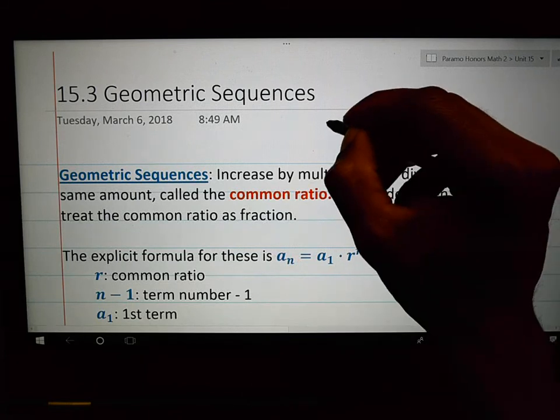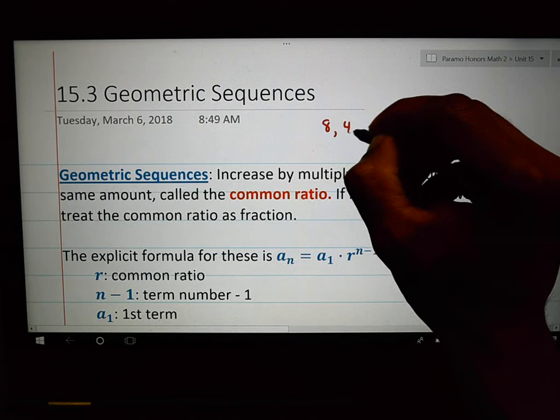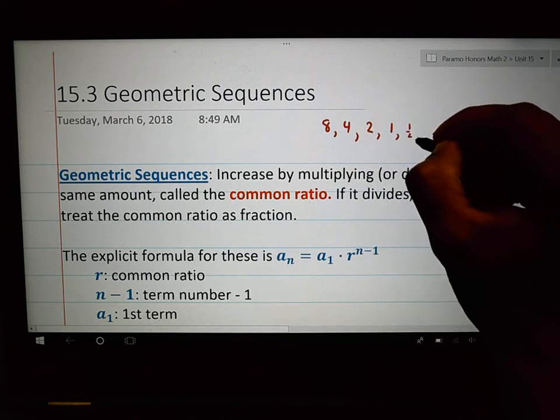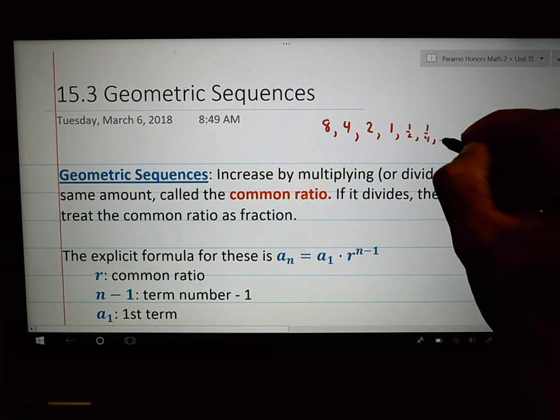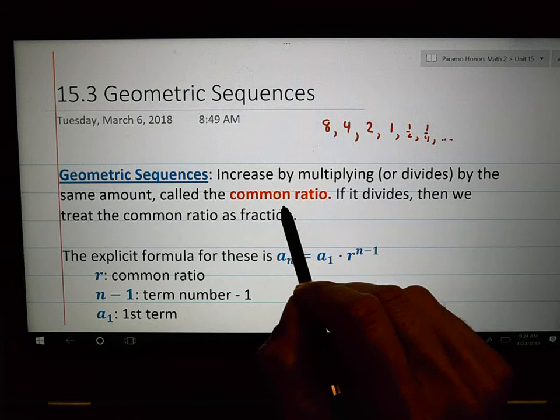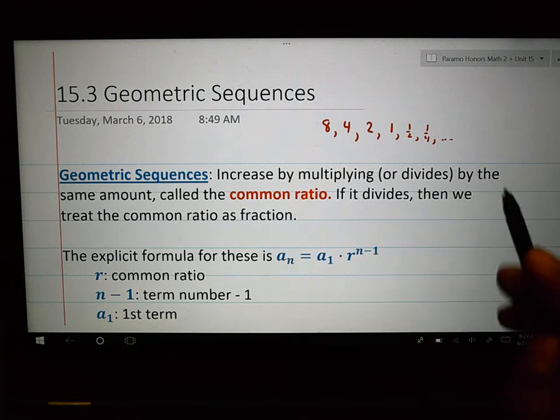Let's say I have a simple 8, 4, 2, 1, 1/2, 1/4, ... You can see what's happening here, I hope. What is the pattern? The pattern is dividing by 2. Your common ratio isn't divided by 2.